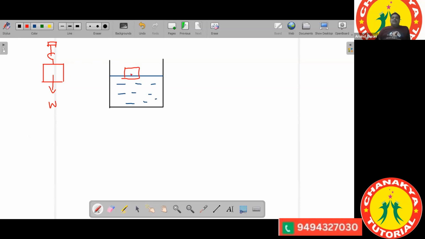Its weight is acting in the downward direction, as we know weight is also a type of force, and an upthrust is acting on it in the upward direction. Now, will the weight of this block decrease or increase when it is immersed in water?